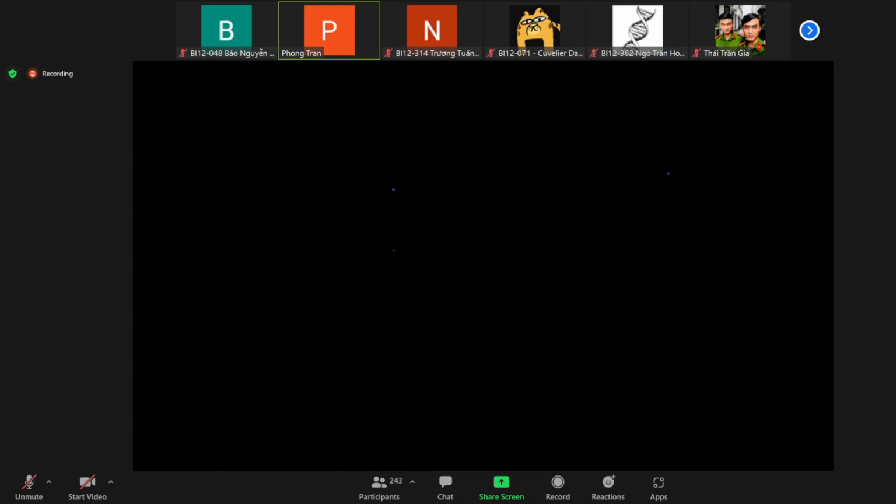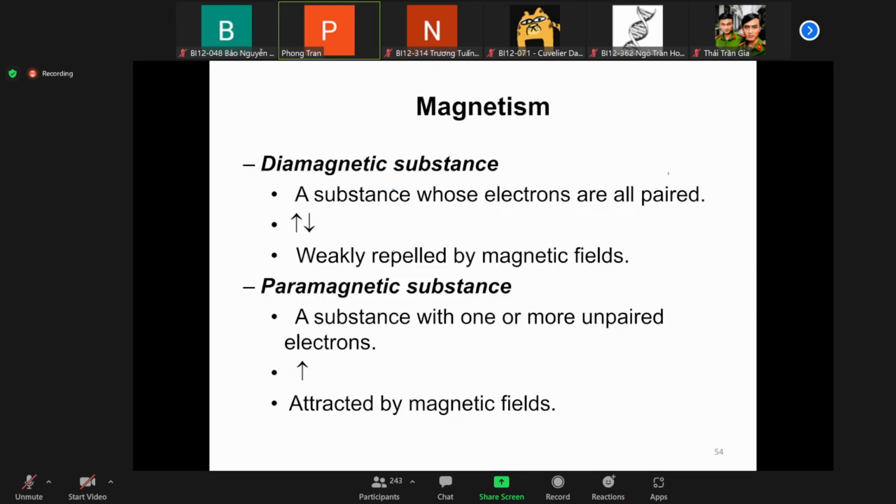So now we have another property which we already discussed in a previous class, but here we talk about magnetism. A diamagnetic substance is a substance whose electrons are all paired. That means the total spin equals 0. So a diamagnetic substance, with the total spin equal to 0, is weakly repelled by a magnetic field.